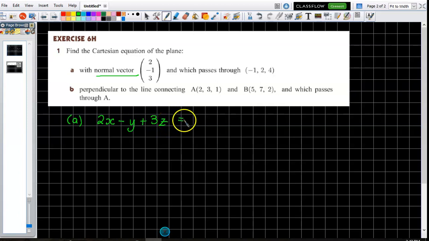And then we just go 2 times minus 1, minus 1 times 2, plus 3 times 4. Okay, and we tidy it up. And now that you're big year 12s, so what have we got? I have to write this: minus 2 plus 12.